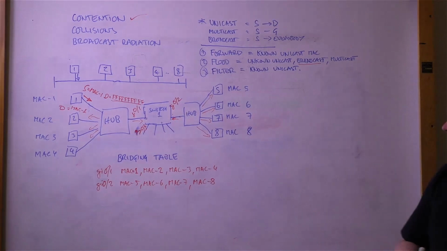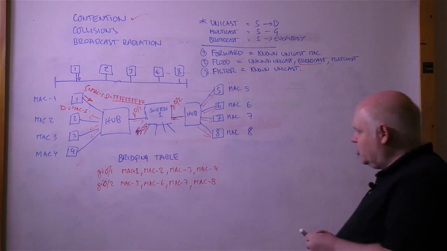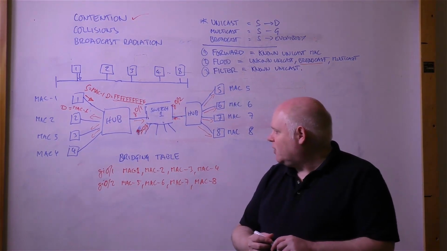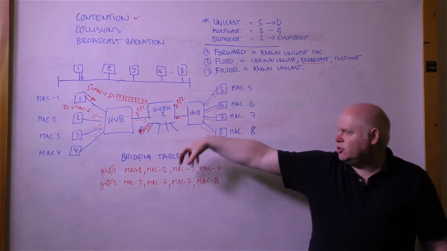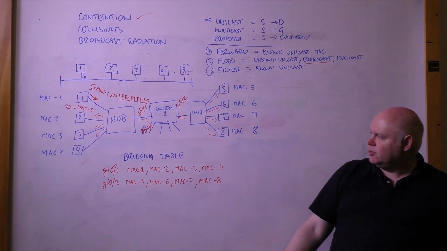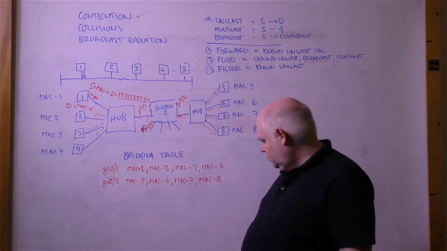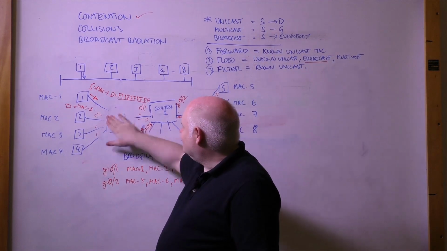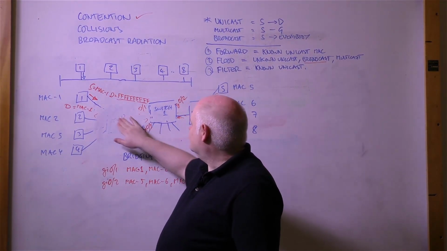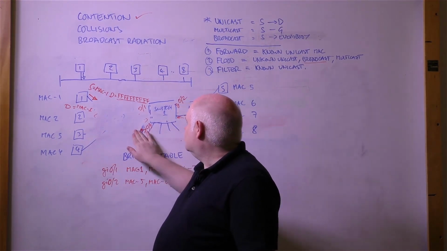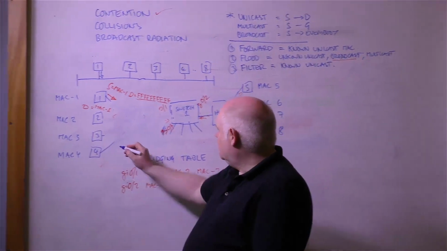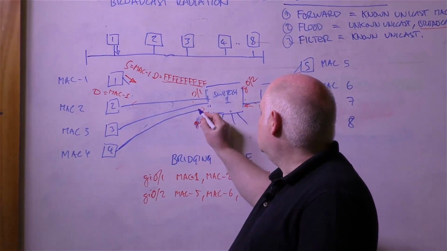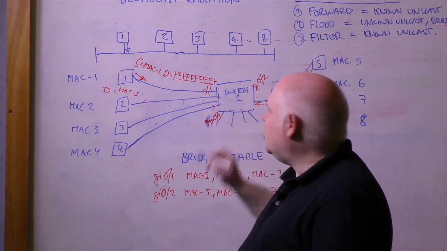So the next evolution of that was something called switching to the desktop when it first came in. And the idea there was, instead of having computers attached to hubs, which were then attached to a big expensive switch in the middle, you got rid of the hubs completely. And each computer is attached to its own dedicated switch port.